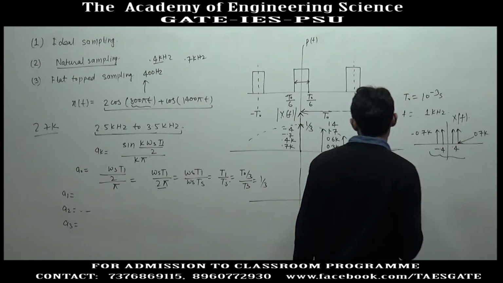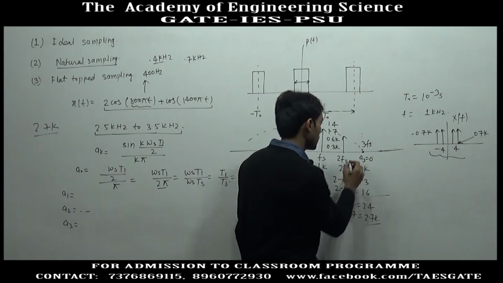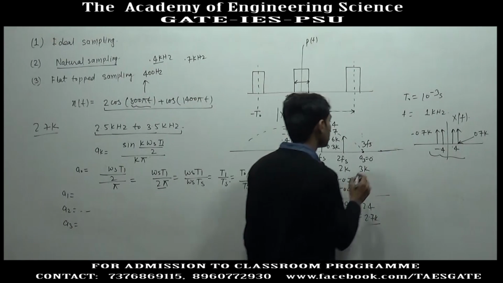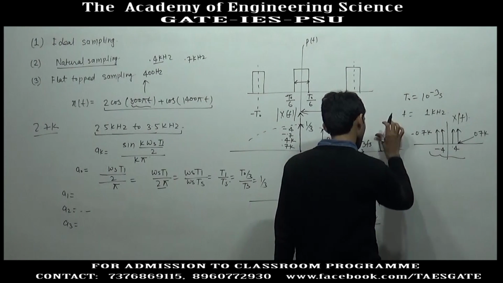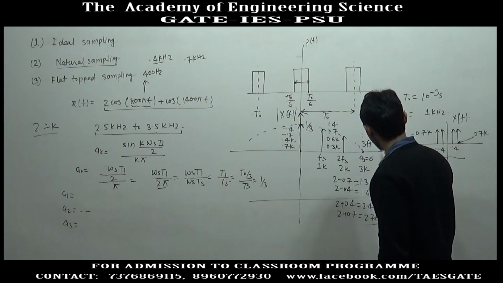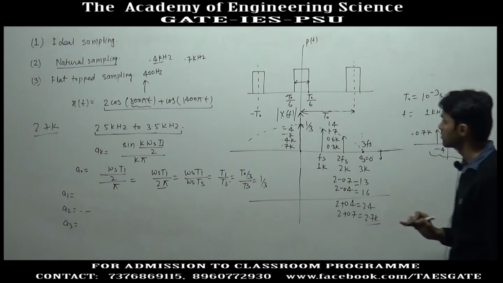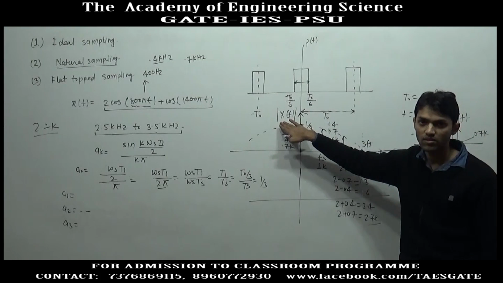Then next we take A3, but there is no impulse at this position, so we will take A4. If we calculate A4, we will get a negative sign here, but in the frequency transform, or when we do sampling, only the magnitude of X(f) is important.